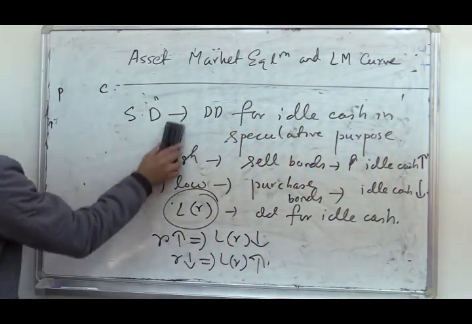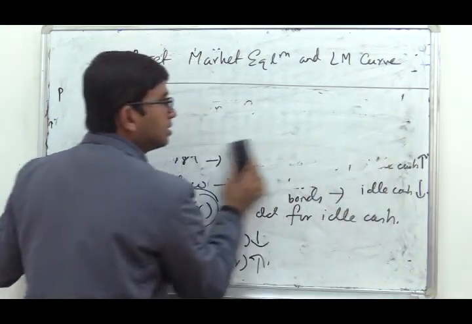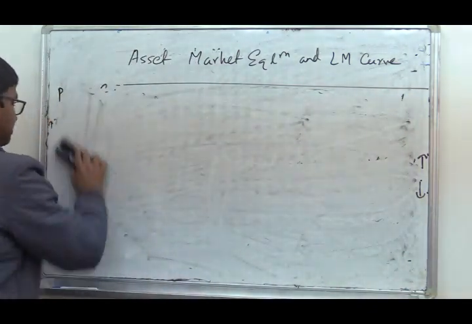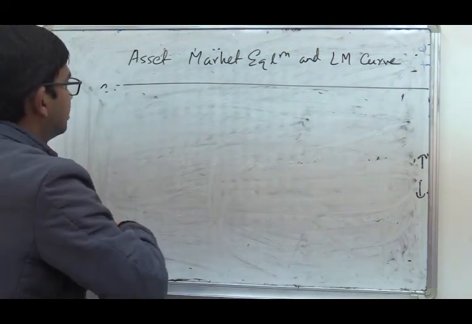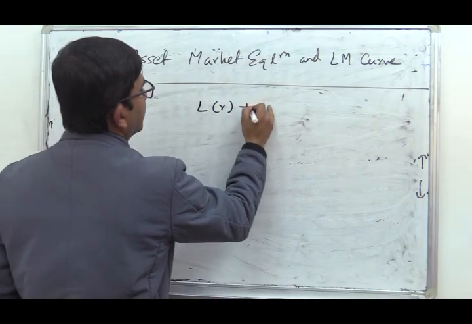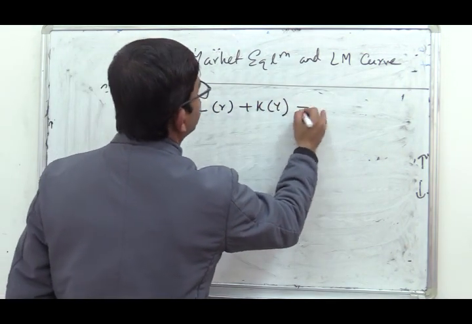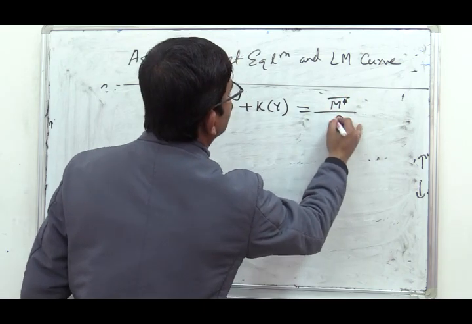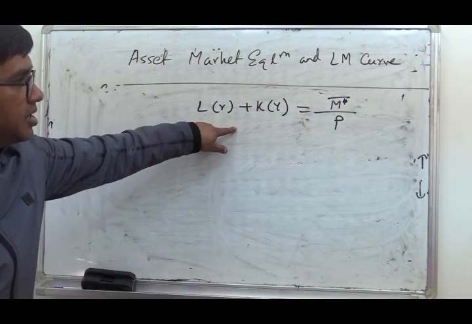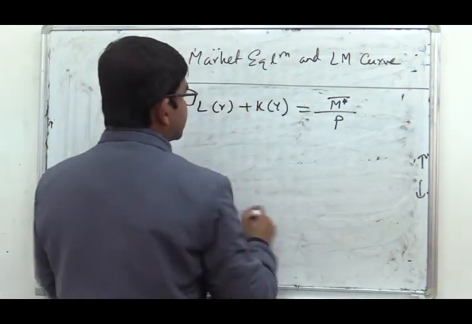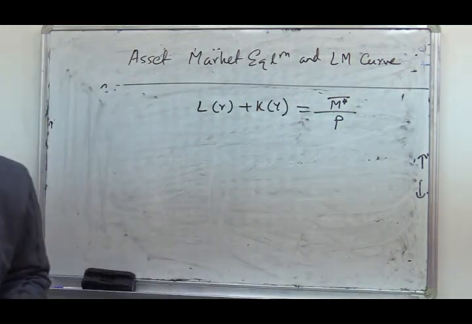So, now by using the demand-supply equilibrium, that means L(R) plus k(Y), the demand for money, equals the supply of money. This gives us the money market equilibrium.